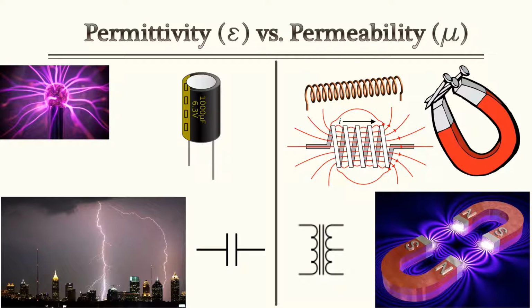When you think of permeability, think of magnetic fields, think of inductors. When you think of permittivity, think of electric fields and capacitors. That'd be the best way to determine between the two and set your mind apart and not get them confused. So just be aware that there is a difference between the two and the associated components with them. So let's go ahead and jump into some example problems.